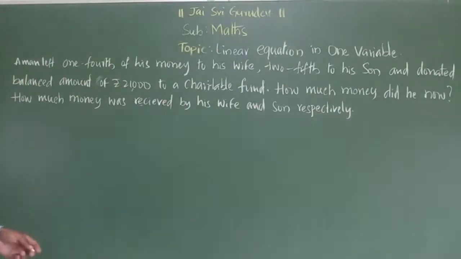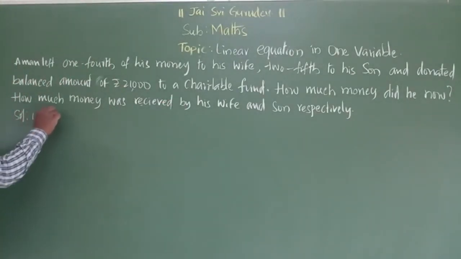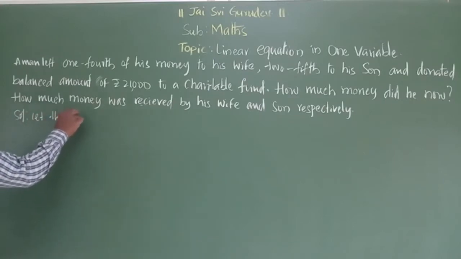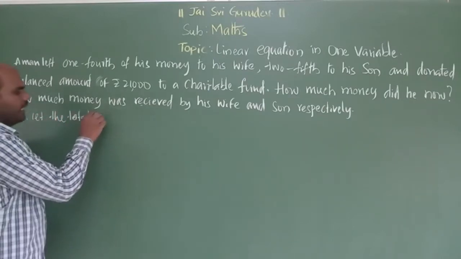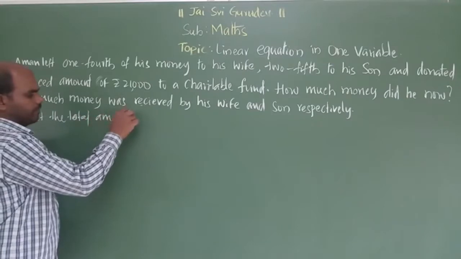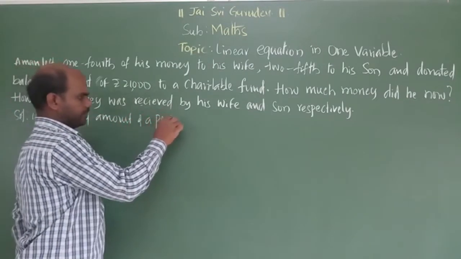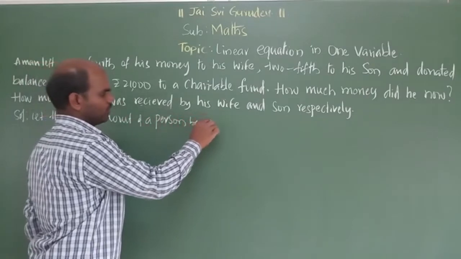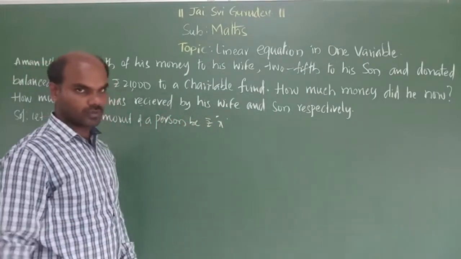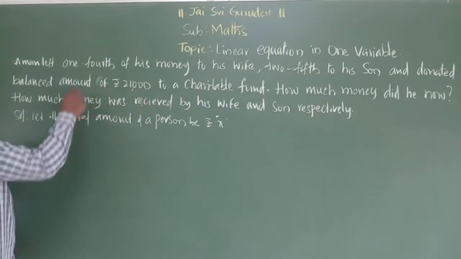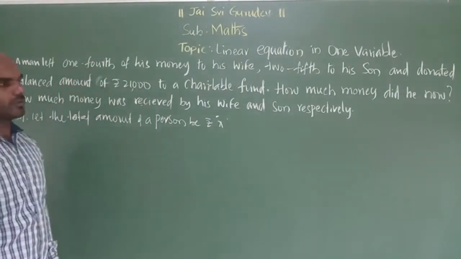So let the total amount of a person be rupees X. Next, 1/5 of his amount.